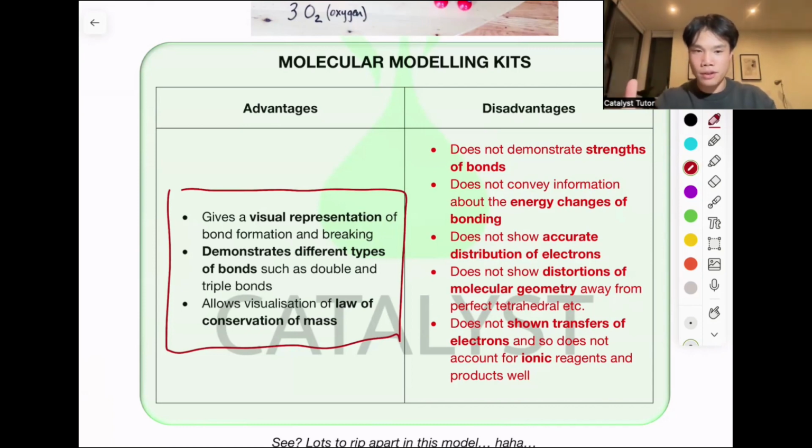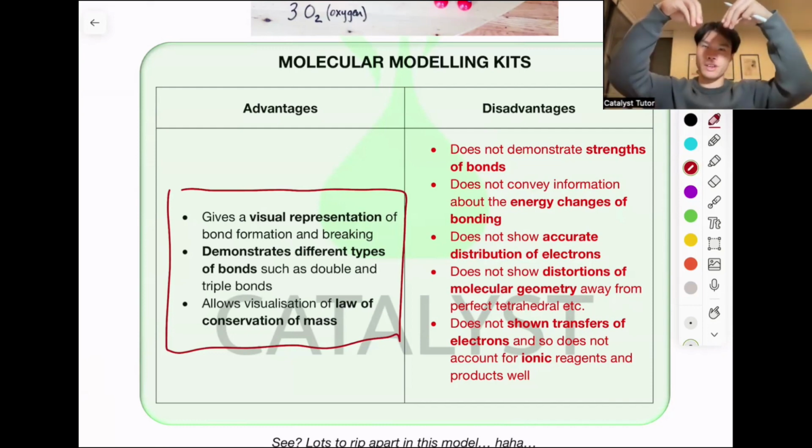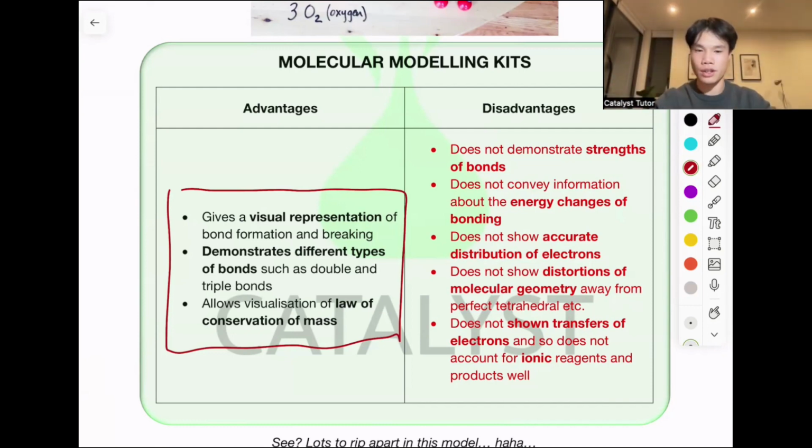It doesn't show electrons at all, so you can't see distribution of electrons across a bond. You can't see any ionic reagents forming. And the geometry is fixed based on where the holes are on the balls, so you can't make a slight distortion, for example, if there are changes in the electron placements.